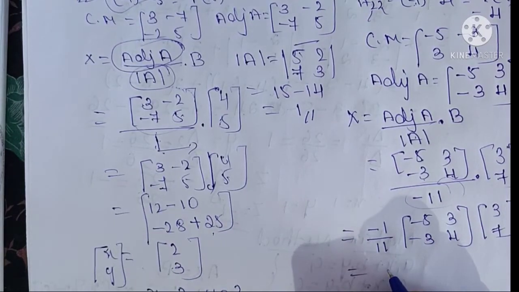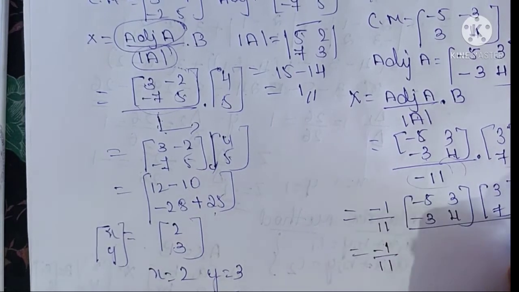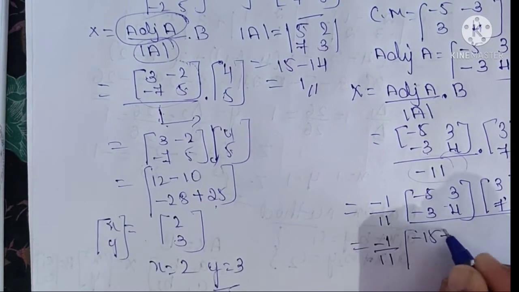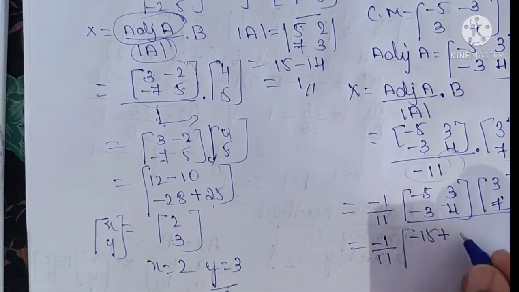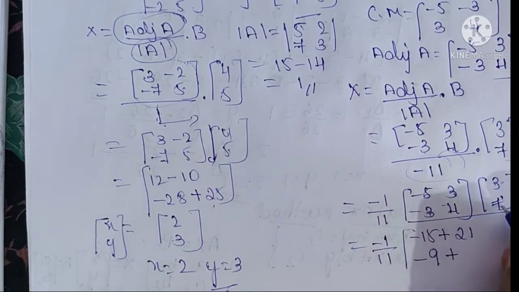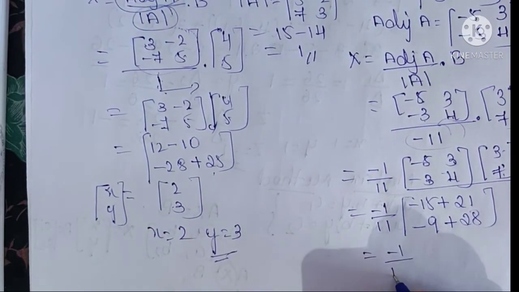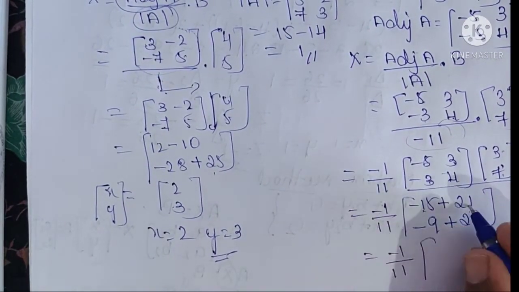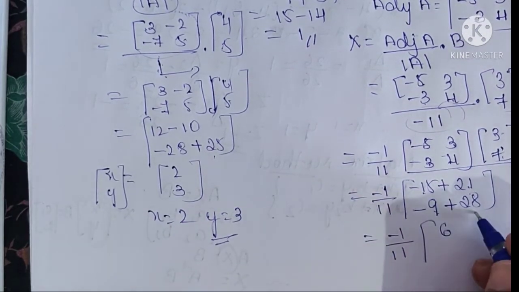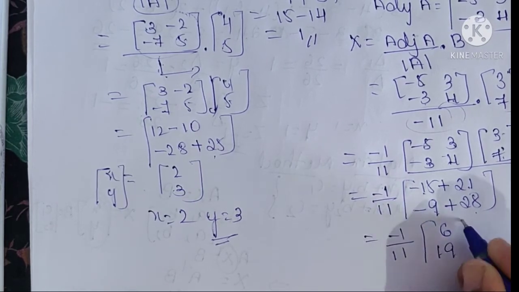This is equal to minus 1 by 11 as it is. Matrix multiplication of these two: minus 5 into 3 is minus 15, plus 3 sevens are 21, minus 3 into 3 is minus 9, plus 4 sevens are 28. Minus 1 divided by 11, minus 15 plus 21 is 6, minus 9 plus 28 is 19.